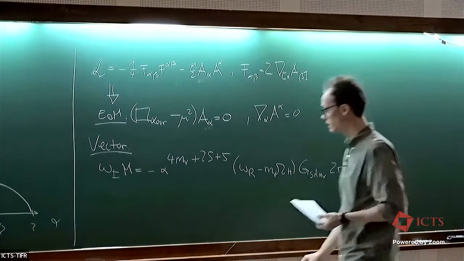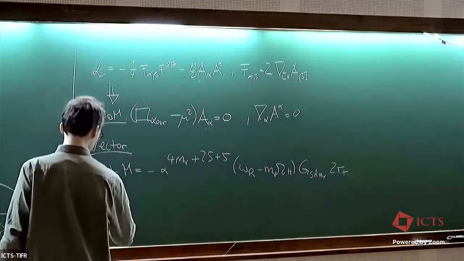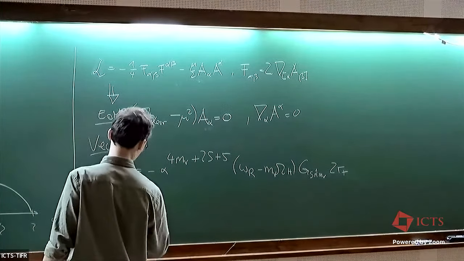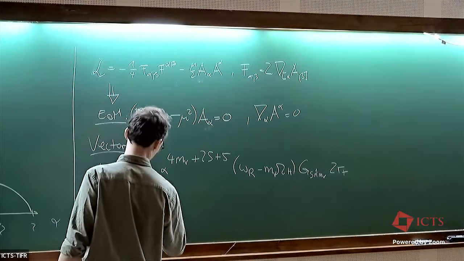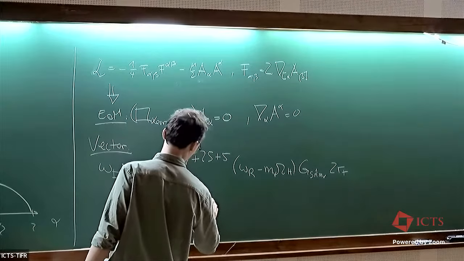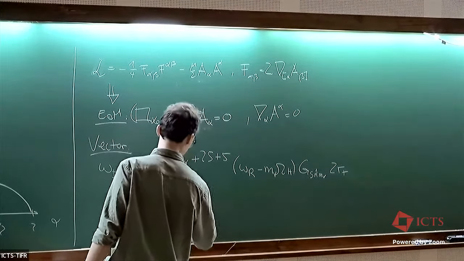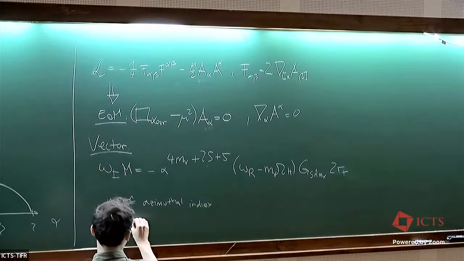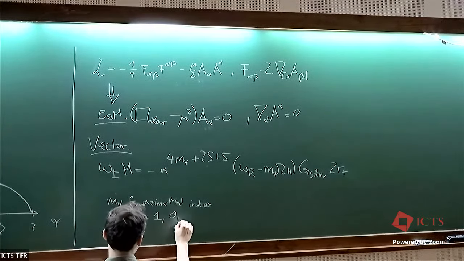Okay, so here the MV is just the azimuthal index. So let me write this as azimuthal index, basically the same as in the scalar. Then we have this S. This S basically just indicates the different polarization states you can have.